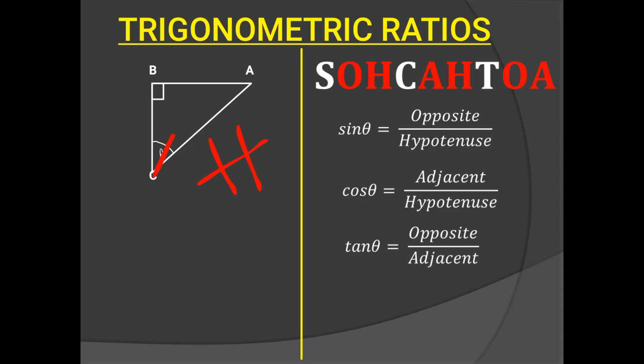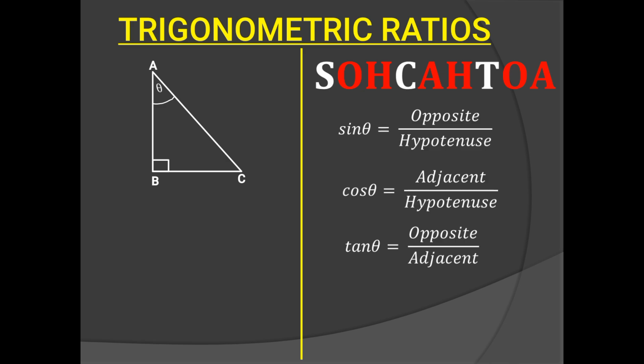So the angle theta is here, right? Which line is it facing? AB is our opposite, and then automatically BC becomes our adjacent. I hope we are seeing how to find them, right? Good. Now let's continue.